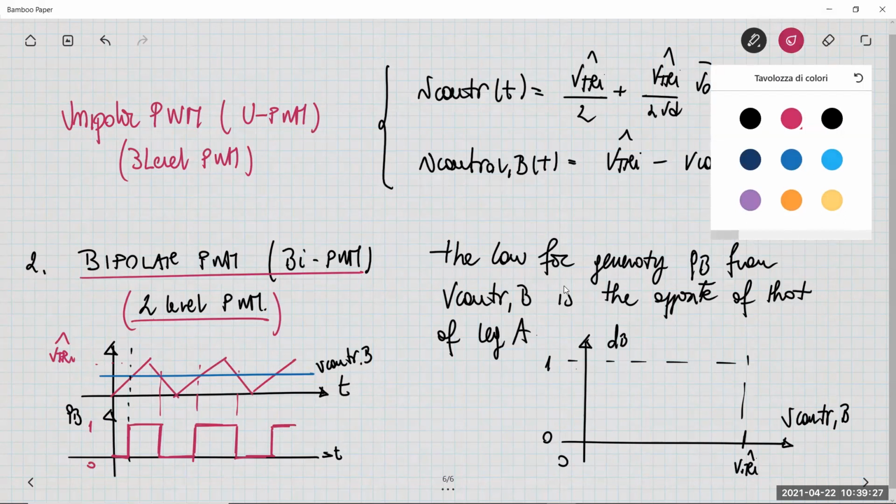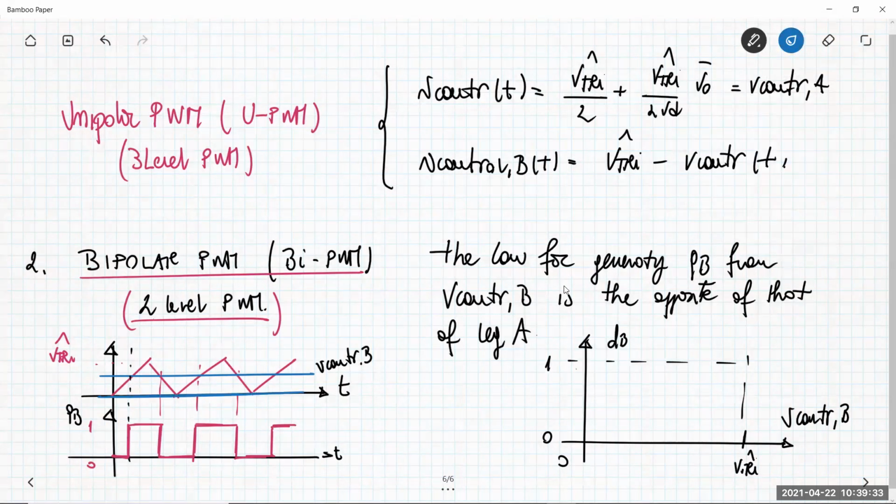When the control voltage is 0, so it's totally lower than the triangular voltage, then QB is always 1, so the duty cycle is 1. So we start from here. When the control voltage is equal to the peak value of the triangular voltage, it is higher than the triangular voltage, so we get 0. So you get something like this.